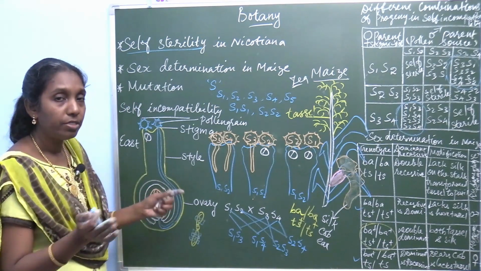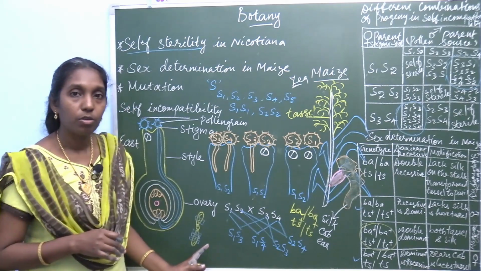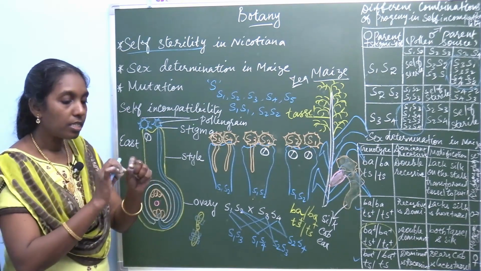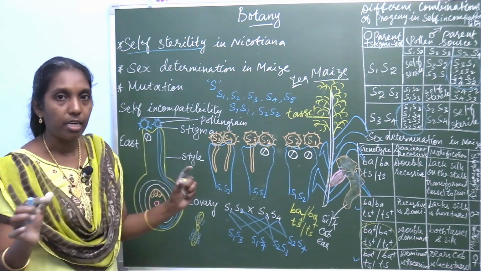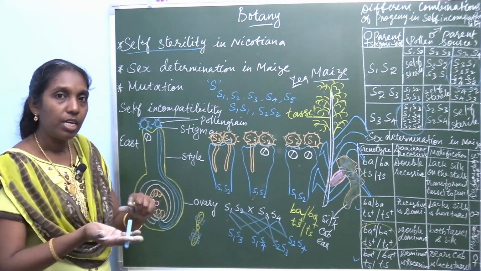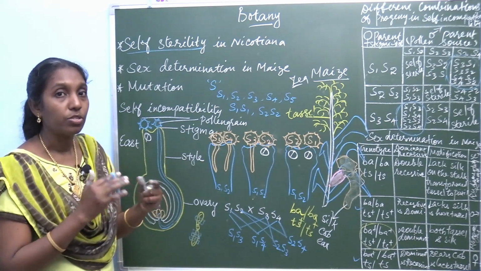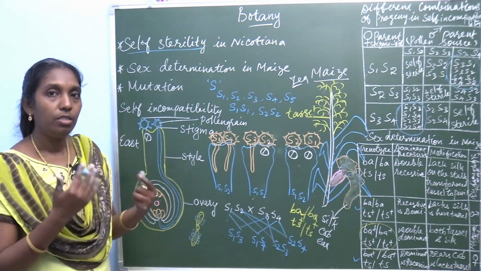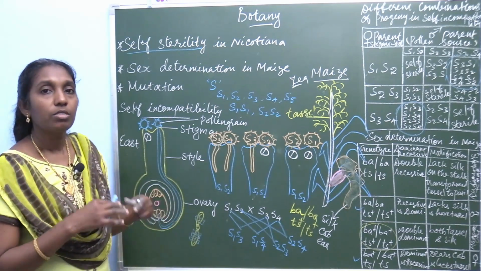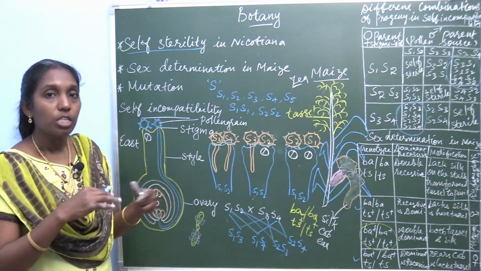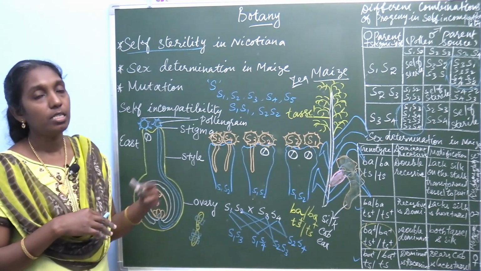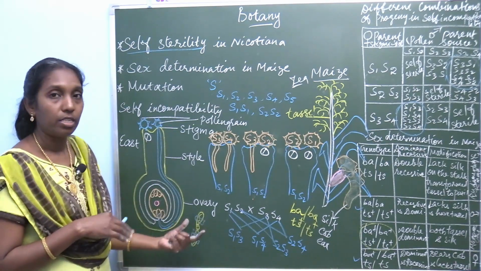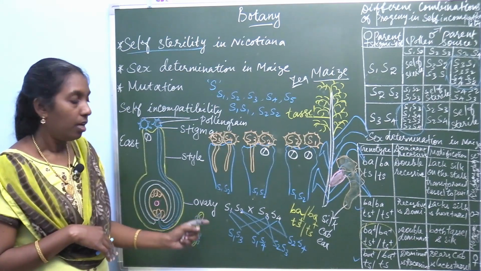So, a number of genes are located in the chromosome, in the form of nucleotide sequences. Any change that occurs in the chromosome, a sudden change, may be spontaneous or induced, occurs in the nucleotide.